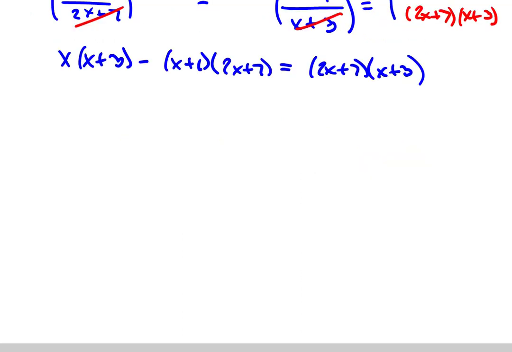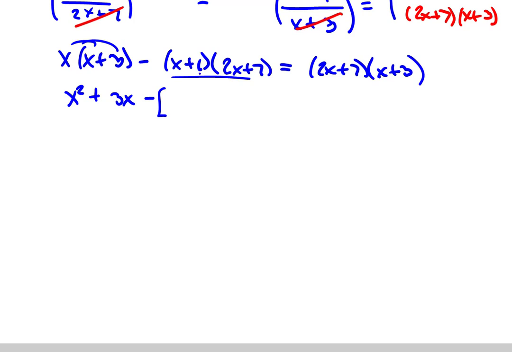Next, we'll expand and combine like terms with what we have. So if I distribute the x, I'll end up with x squared plus 3x on the left side there, minus, now I'm going to FOIL these two binomials together. I'm going to do so in a set of brackets just to stay organized with them, not to forget this negative sign that's out in front.